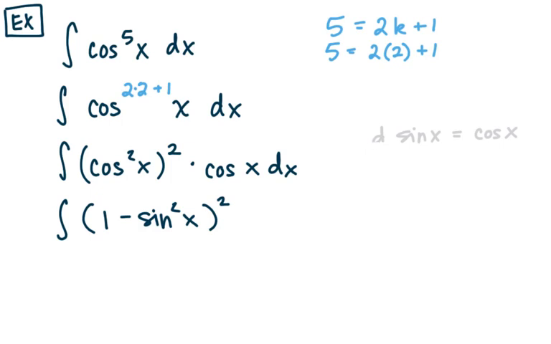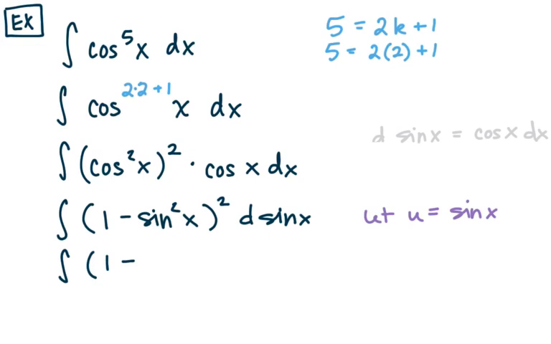Again, treating these differential terms like a variable, I can multiply that dx. So cosine x dx now equals d sine x. At this point, we would do our u substitution, and I'm going to say let u equal the sine of x. So this is going to be 1 minus u squared, quantity squared, du.